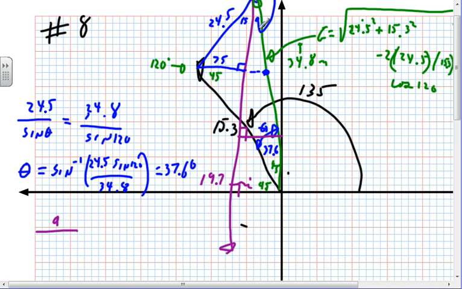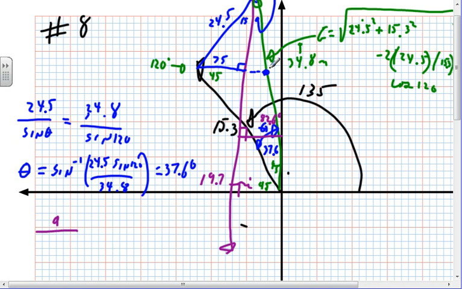If this is a right angle and that's 7.4, then that other angle is 90 minus 7.4, 82.6 degrees.